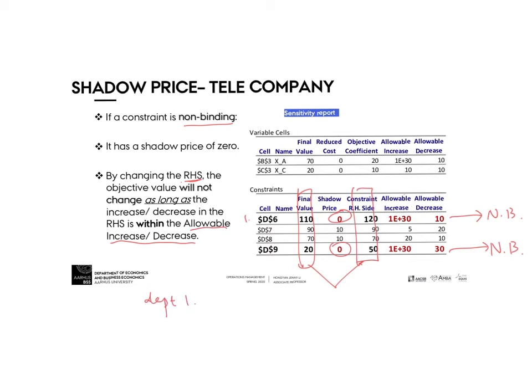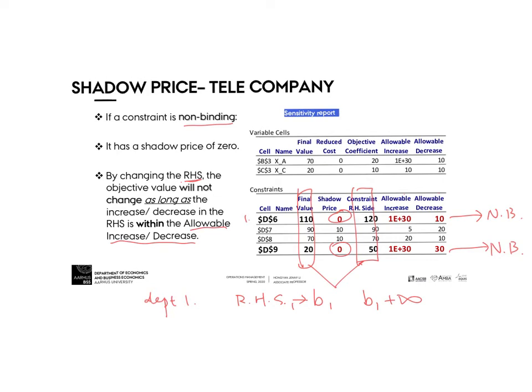If we name the right-hand side for constraint 1 as B1, and you increase B1 to an infinite level, the optimal value will not change.